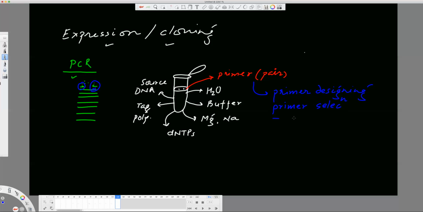So let us see how we do this. Given a sequence, how do we select the best pair of primers for my PCR reaction? So this is my primer selection.